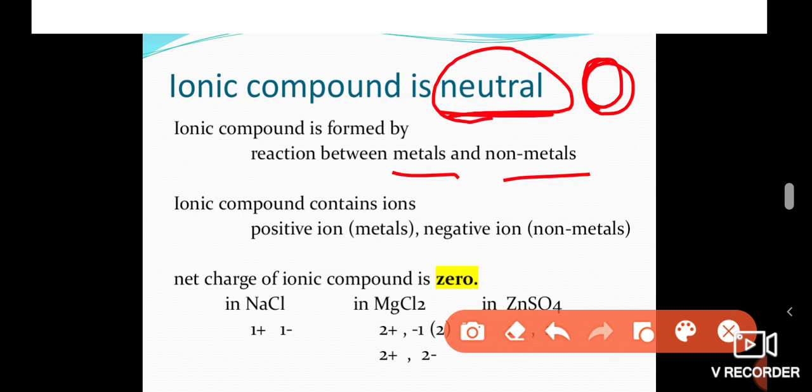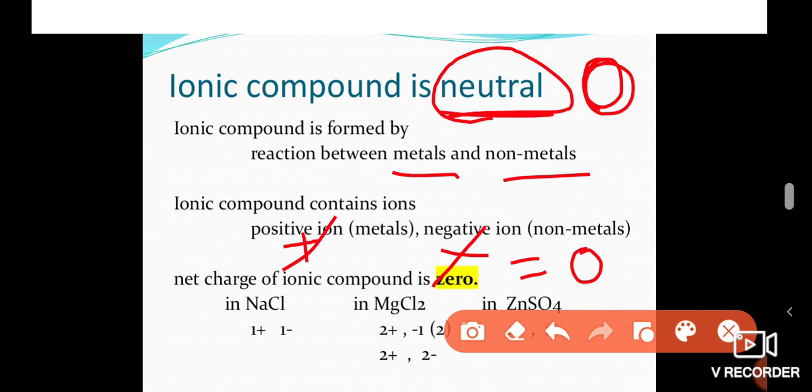So metals form positive ions and non-metals form negative ions. These two ions combine together to form an ionic compound. Now the positive and negative charges neutralize each other, so the charge of the final product is 0. So an ionic compound is neutral in charge.